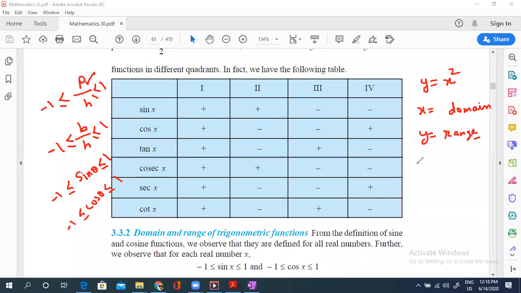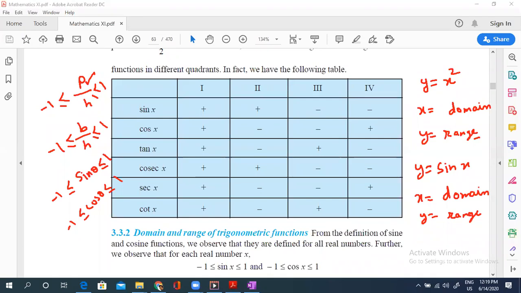So I can say that if I'm having y is equal to sin x, then the value of x is your domain, okay, and the value of y is your range, for which the function is defined, obviously. Okay, yes, got it? Everyone got this?